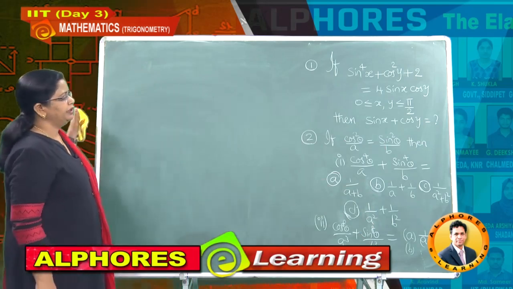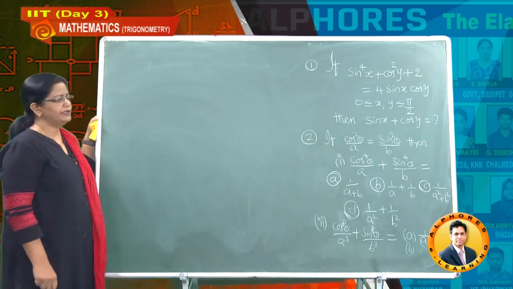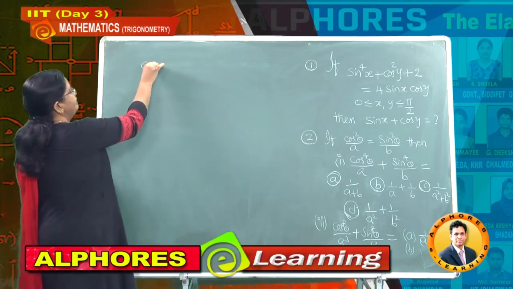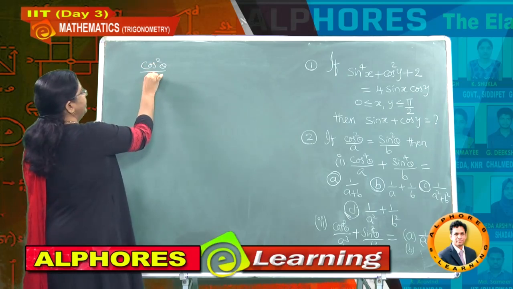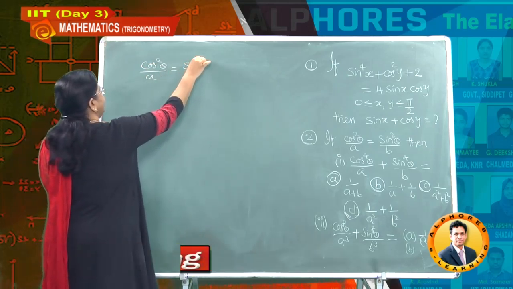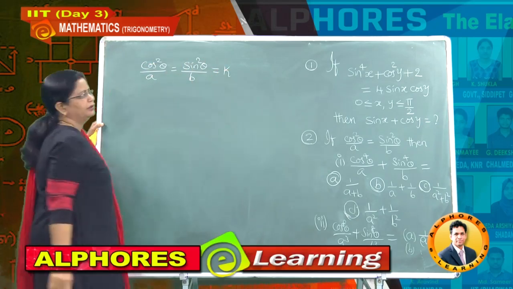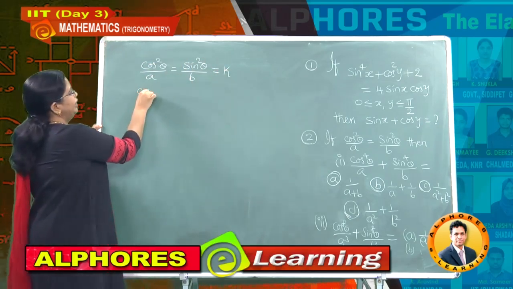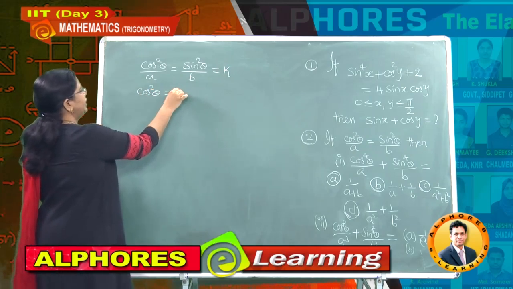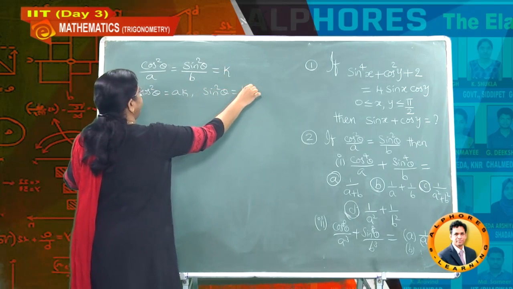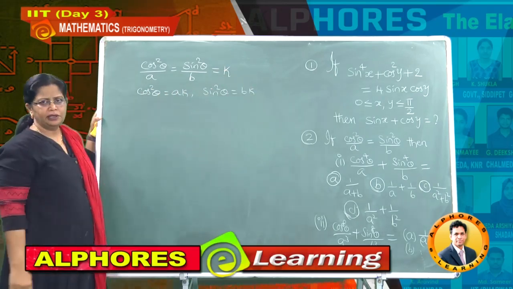Now cos square theta by A equal to sin square theta by B, that is our given condition. So cos square theta divided by A equal to sin square theta divided by B. Let us take it as some k. Then cos square theta equal to Ak and sin square theta equal to Bk. Now I want to find the k value because that is our assumption.